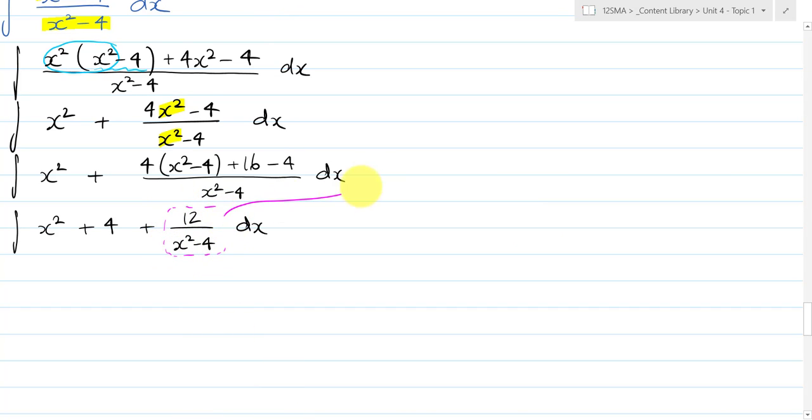So now I would take this and I would do my little partial fraction calculation. So 12 over x squared minus 4 is equal to 12 over x minus 2, x plus 2.